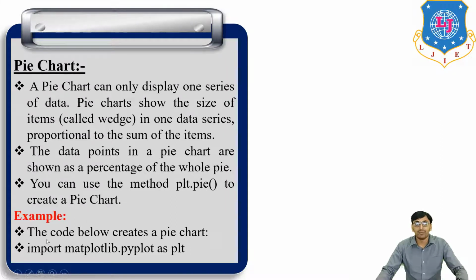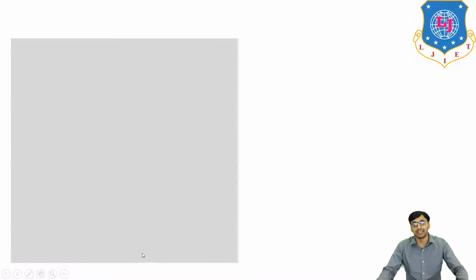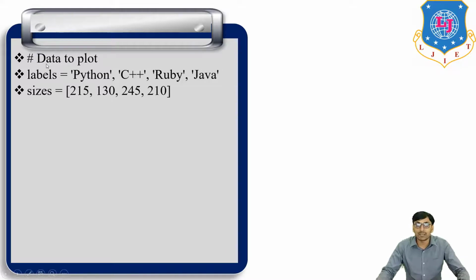You can use the method plt.pie to create a pie chart. For example, the code below creates a pie chart. The first line is import matplotlib.pyplot as plt. The second step contains the data to plot. Which data? Labels are Python, C++, Ruby and Java.